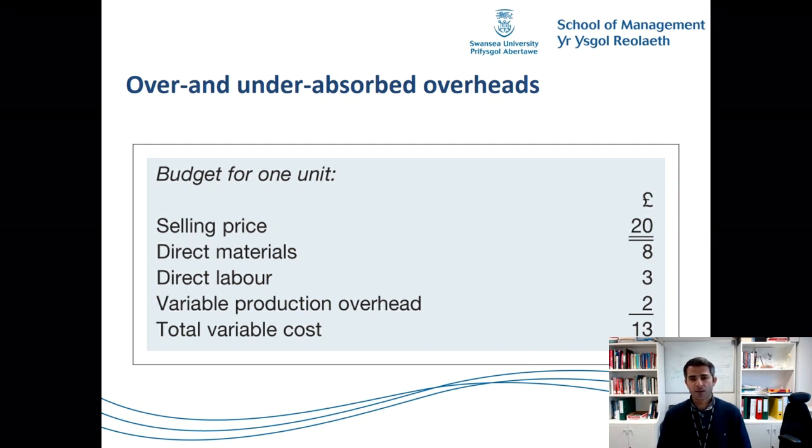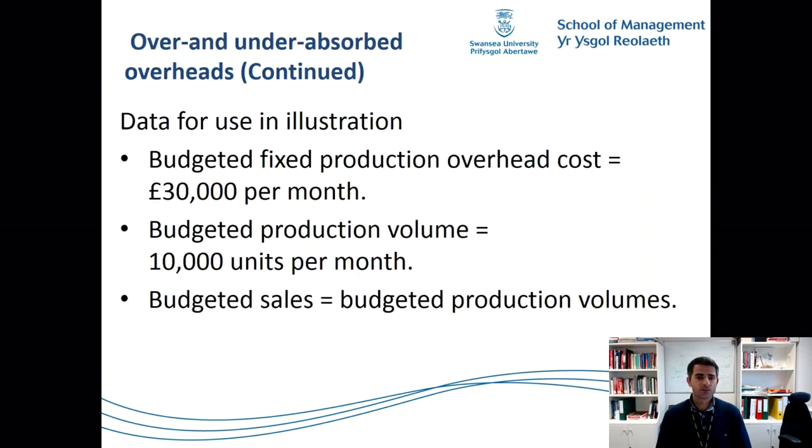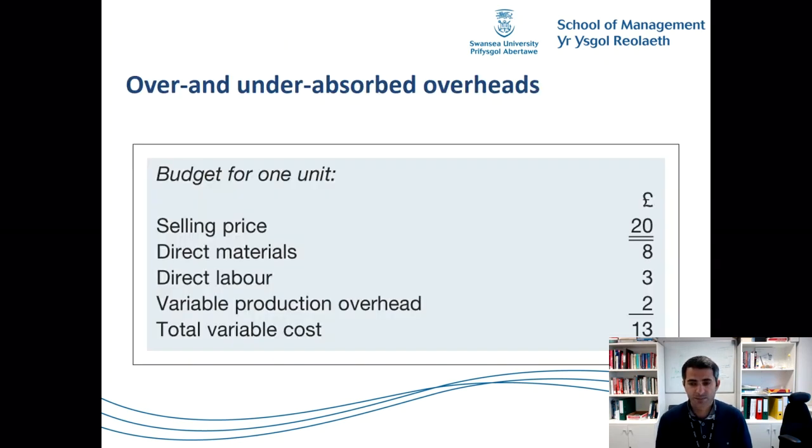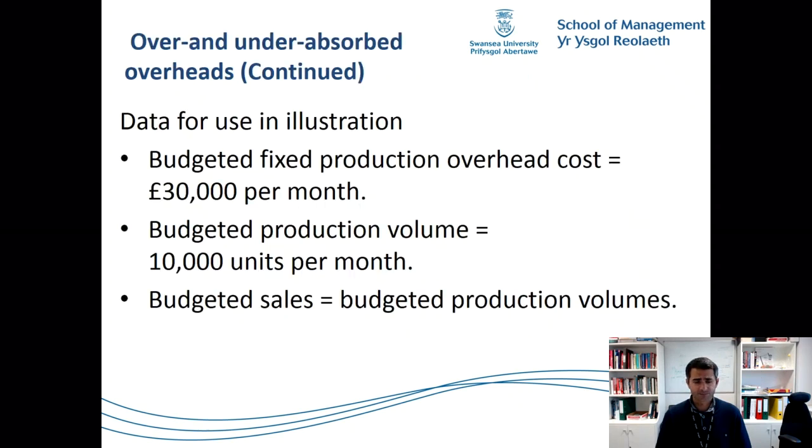If you add up the fixed manufacturing overhead element, which is £3, you should be able to have £16, the product cost per unit under absorption costing.